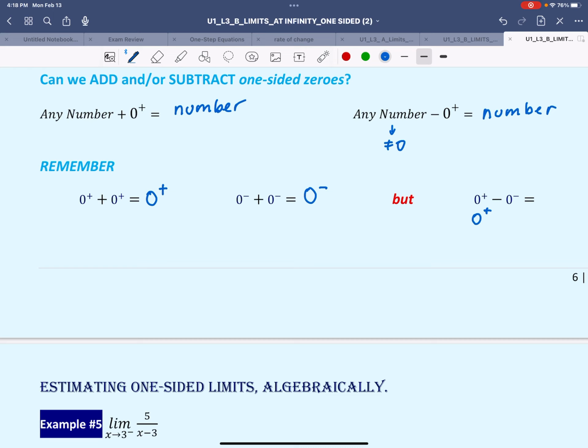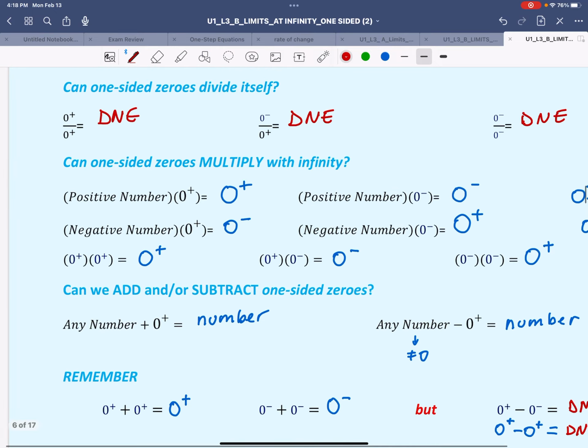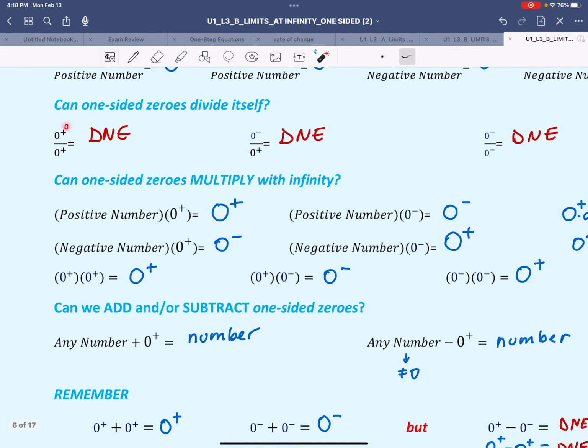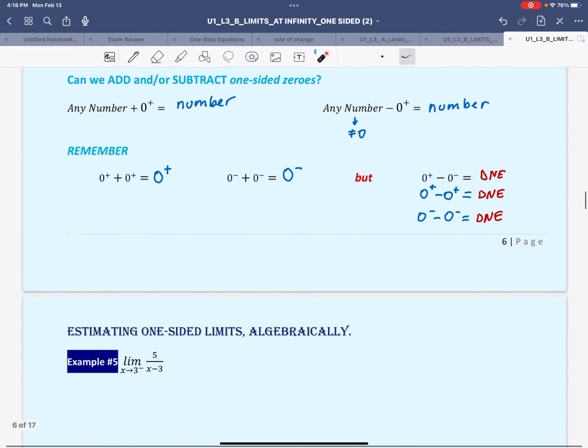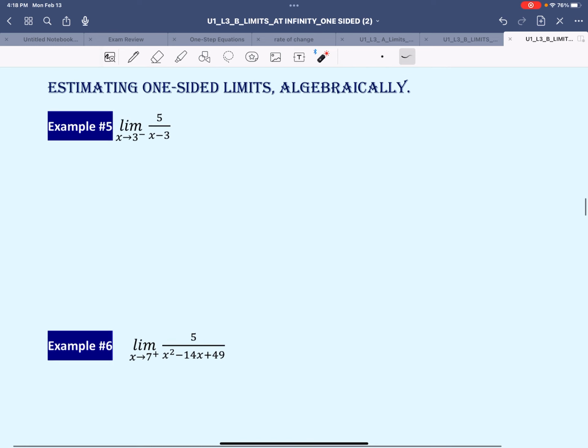So we cannot find the difference between two one-sided zeros. So we're going to say it doesn't exist. So two are the cases, and it's very similar to what happens with operations with infinity. The division of a one-sided zero by itself is not possible, and the subtraction of two one-sided zeros is not possible. Now, let's take a look at an example.